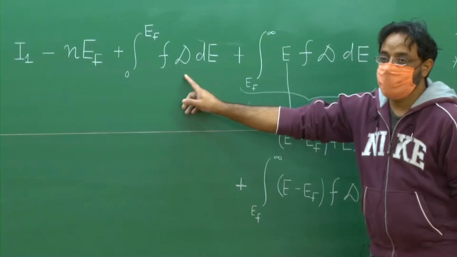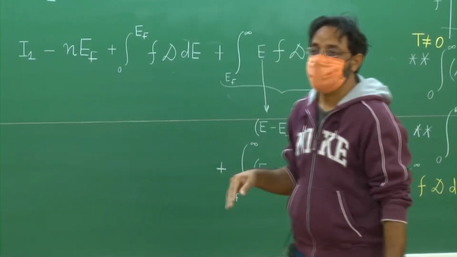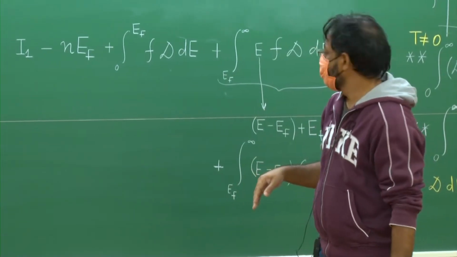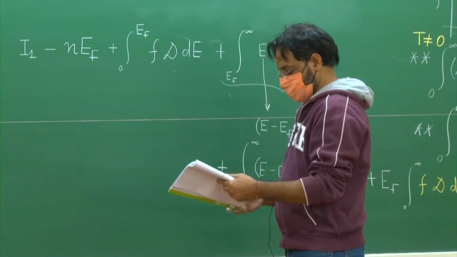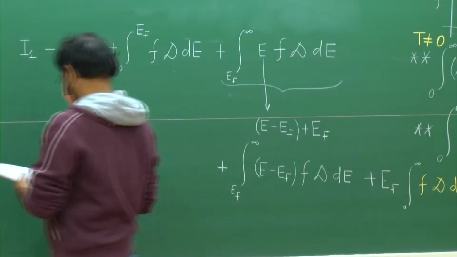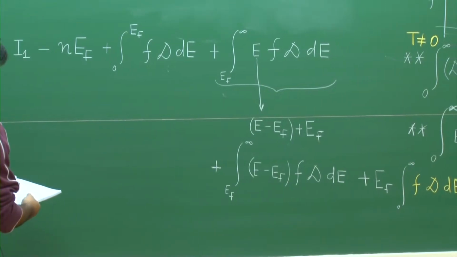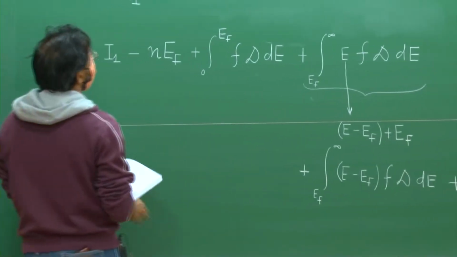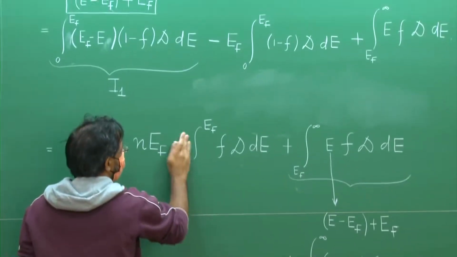The third term? It should contain EF. Yes, it should contain an EF. That's true. So, we missed an EF. EF should be multiplied here. Thank you. That's one of the mistakes.